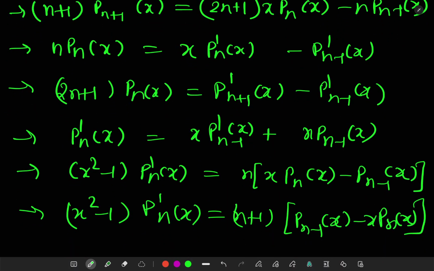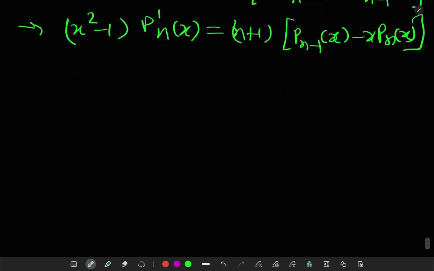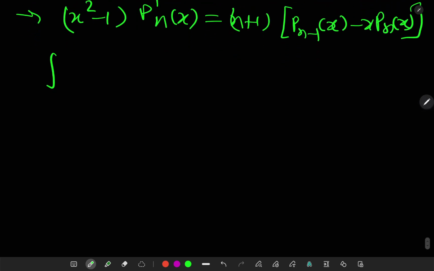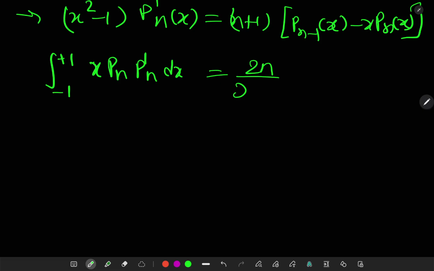That's why these are so important and help to solve various differential equations which are in the form of Legendre polynomial. Now another important relation: this integral x Pn P dash n dx equal to 2n divided by 2n plus 1.